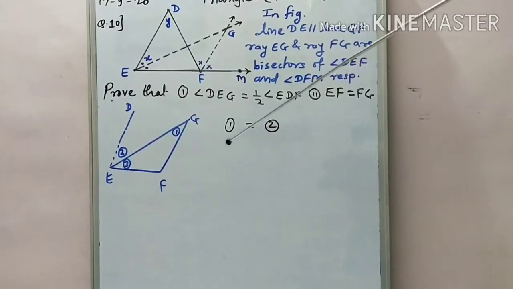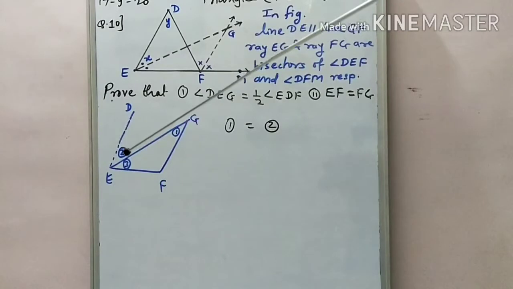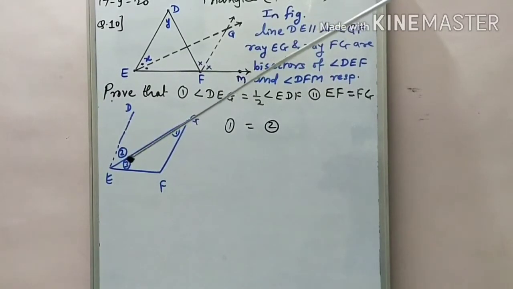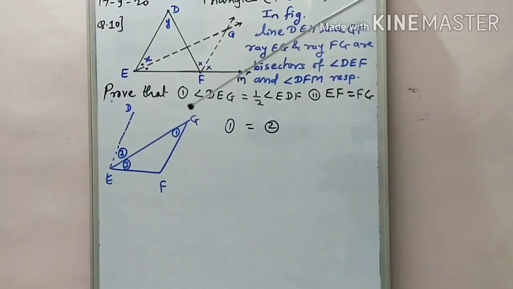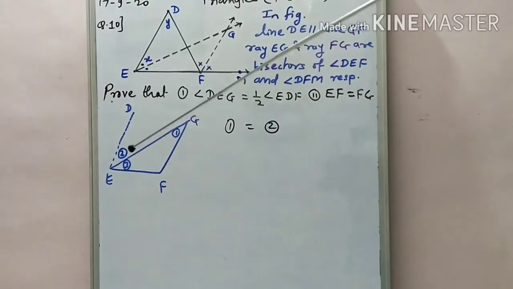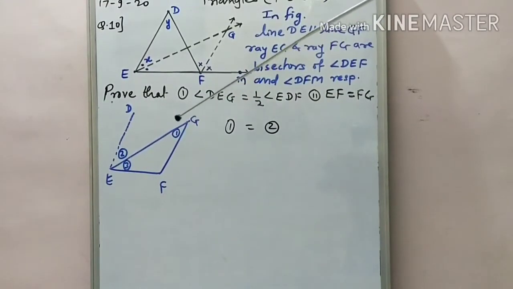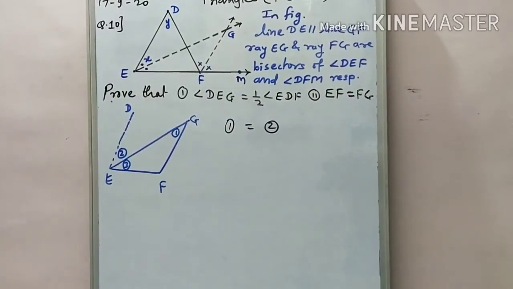Okay, and what do we know about the second and third one? Yes, that EG is the bisector of the angle DEF, and the second and third are parts of that angle DEF, means we can say if EG is a bisector, the second and third angles are also congruent or equal in measures.